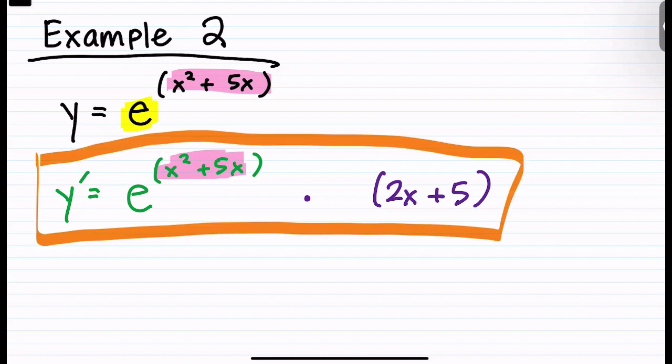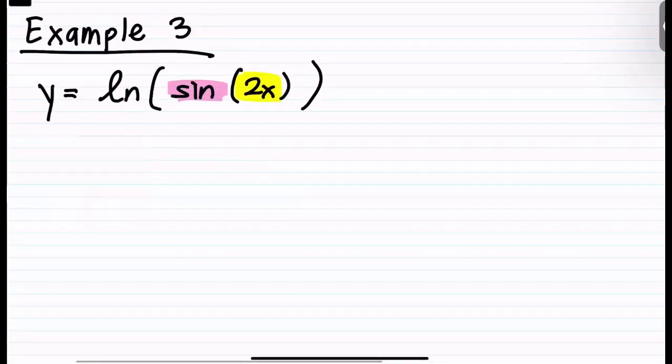Now let's take a look at our last example. In this last example, it's a little more complex because we'll have to use the chain rule twice. So we're using the chain rule twice because within our outside function of this natural log function, we have two inside functions. The sine function being the next inner function, and the most innermost function is 2x.